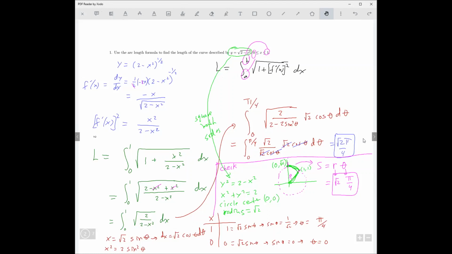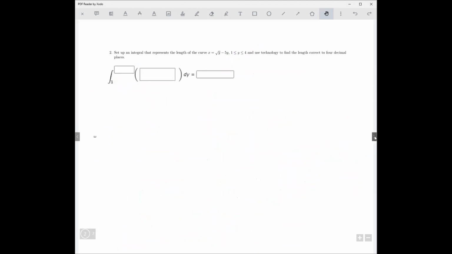Okay, any questions about that up to this point? I will point out that it's very easy to make a mistake when you're doing this and then end up with something that's pretty much impossible to integrate, or that's wrong.